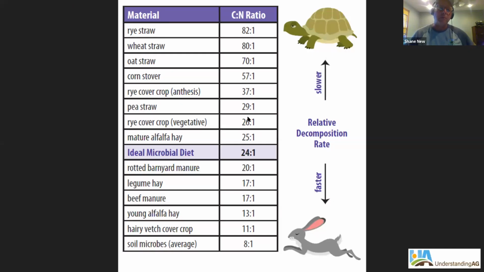David, would you like to talk a little bit about how we determine carbon and nitrogen ratios? Yeah, absolutely. If we look at this chart, at the center is the ideal microbial diet, which is 24:1. When we're designing our cover crop mixes for our next cash crop, we have to understand what that crop's nutrient needs are.